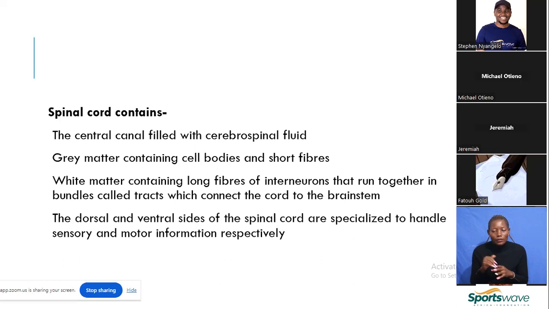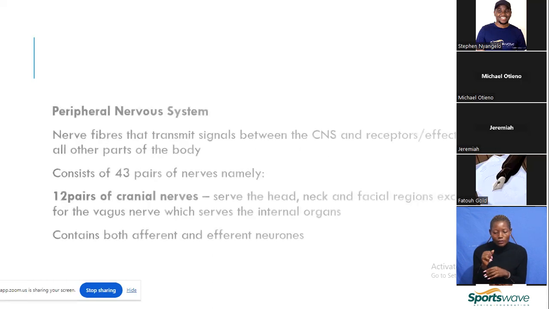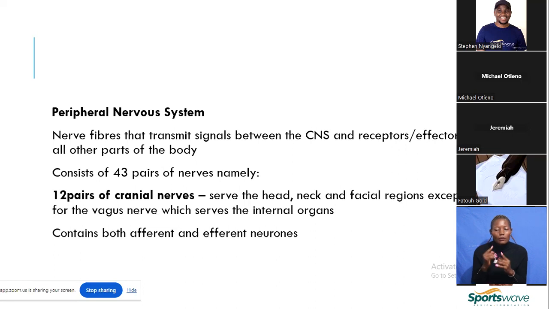Now, the spinal cord mainly contains the peripheral nervous system. I've just explained a bit more of what is in the spinal cord. But we are now looking at the peripheral nervous system. We have the CNS, which is mainly the brain and the spinal cord, and then we have the nerve fibers forming the peripheral nervous system.